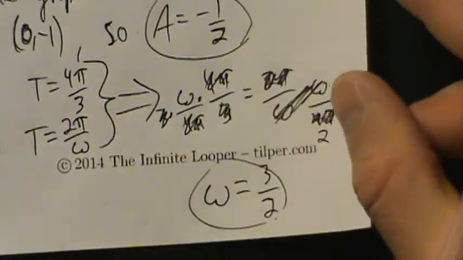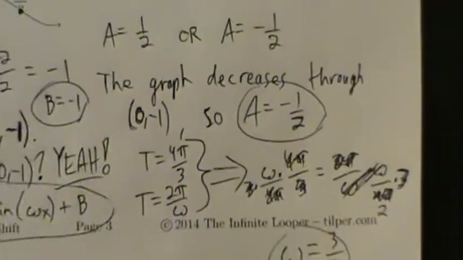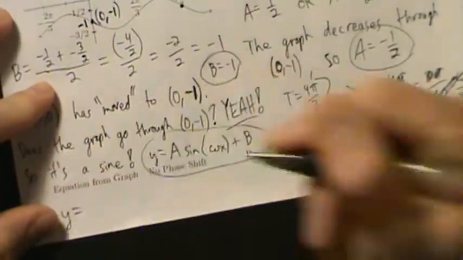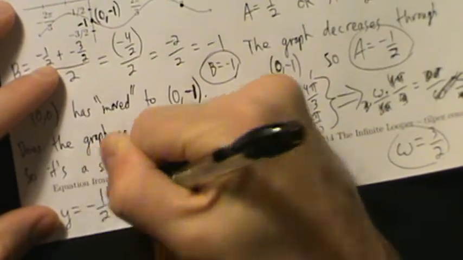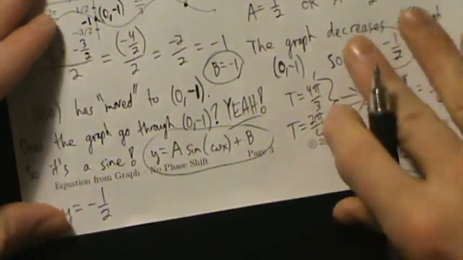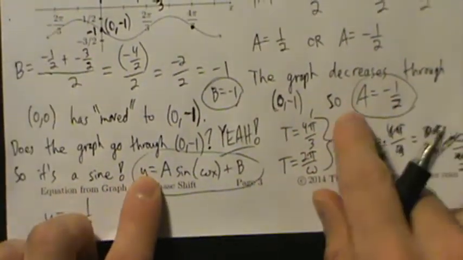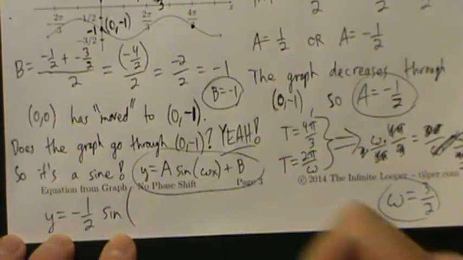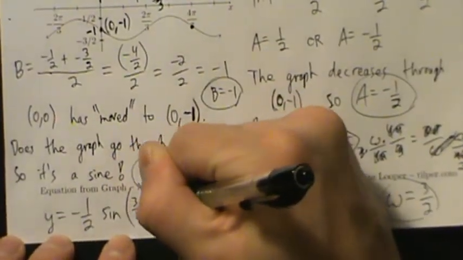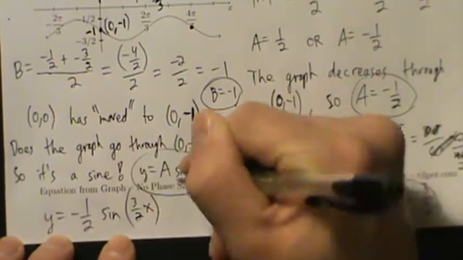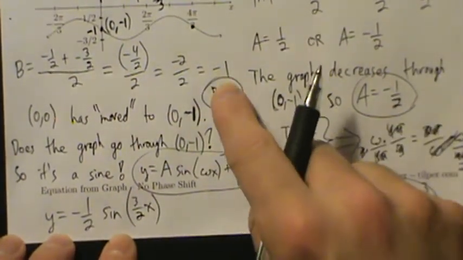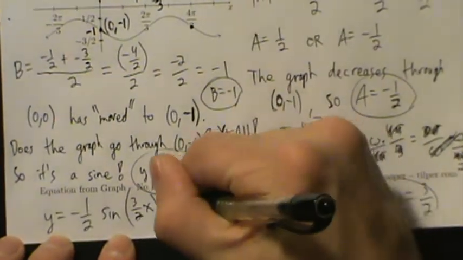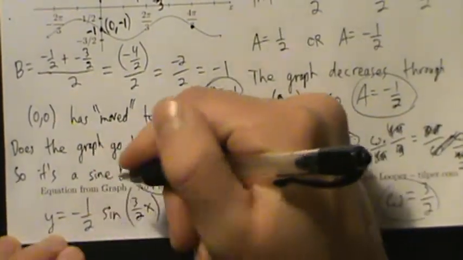So once we put that all together, y equals -1/2, since a is -1/2, sine, since it's a sine function, omega x, which is 3/2 x, plus b. B is -1, so plus -1 means -1. And that's it.